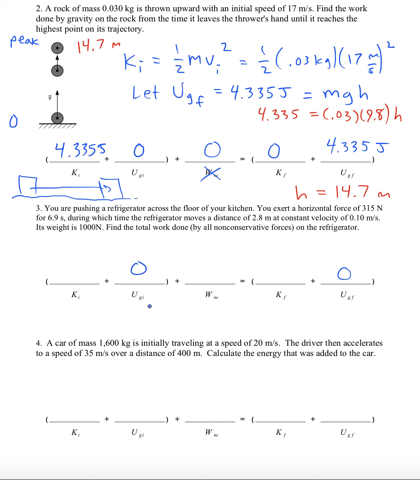Easier. Now let's figure out the kinetic energy the fridge has. To do that, you need the formula 1/2 m v squared. So we'll need 1/2. We need the mass of the fridge. It's a 1,000 newton fridge, so that's actually 102 kilograms.